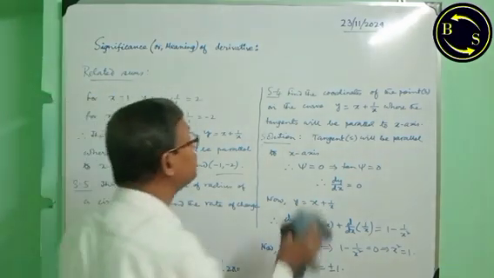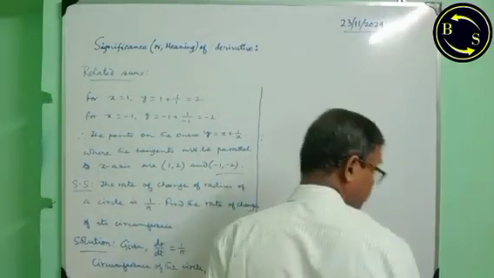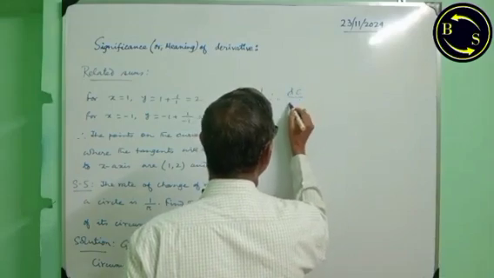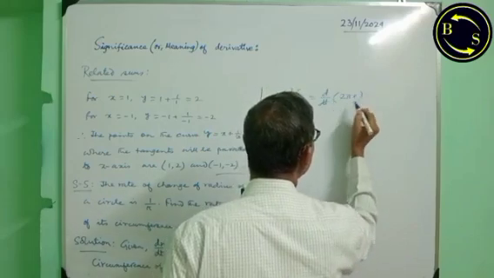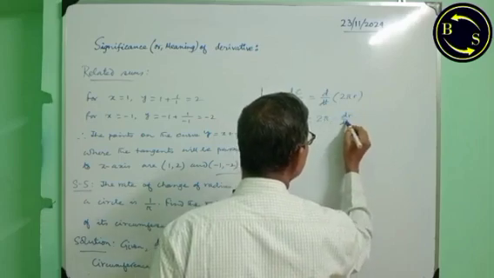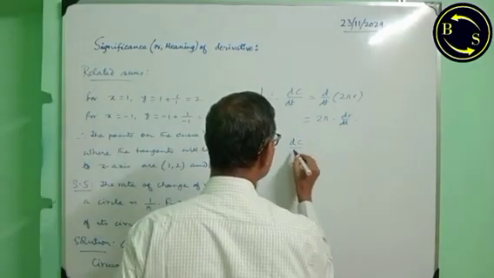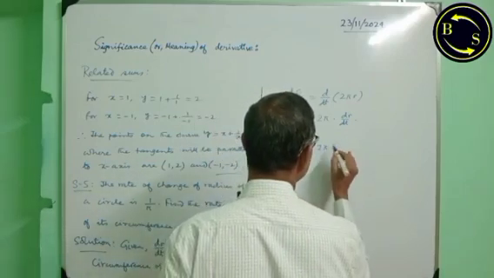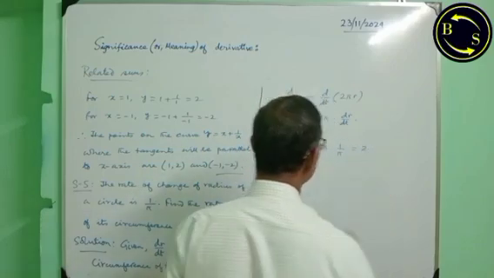That means we have to find dC/dt. Therefore, dC/dt is equal to d/dt of 2 pi r. 2 pi is constant, therefore the result will be 2 pi into dr/dt. Now dr/dt is given, therefore dC/dt is equal to 2 pi into 1 by pi, that is equal to 2.